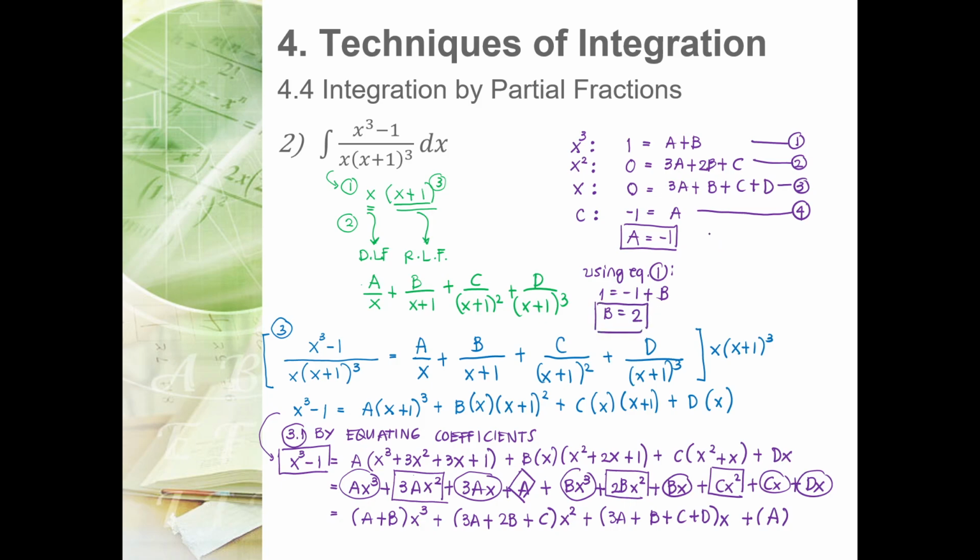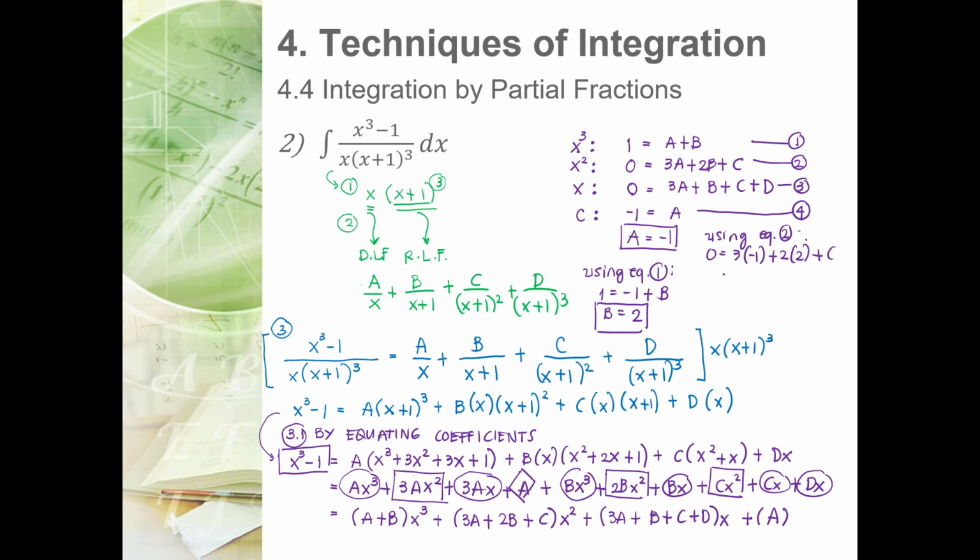Next is using equation 2 to solve for C. You have 0 is equal to 3 times negative 1 plus 2 times 2 plus C, so negative 3 plus 4, that's 1.